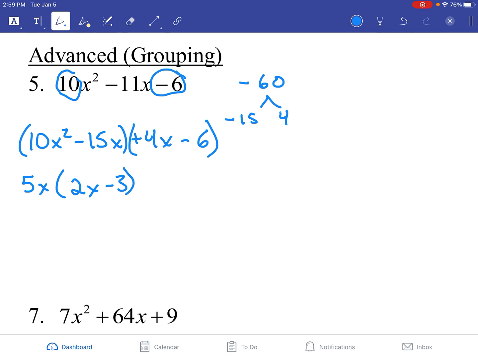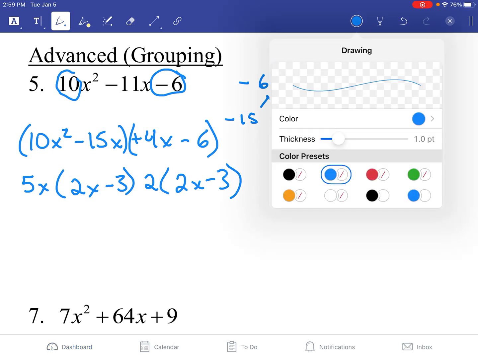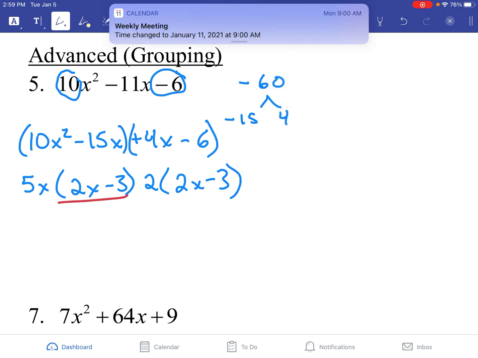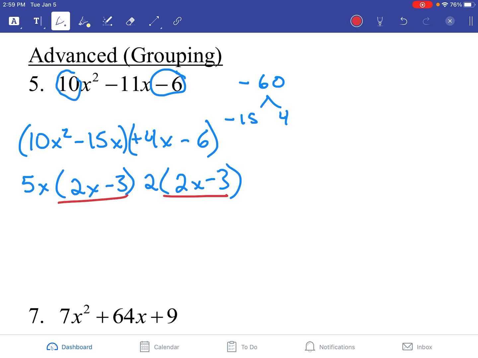And out of 4x minus 6, you can take out a 2, which will leave us with 2x minus 3. Now, when you're doing factor by grouping, this is an important step because you should see the same thing in the 2 sets of parentheses. If they're not the same thing in the parentheses left over after you've taken out the greatest common factor, you've done something wrong.